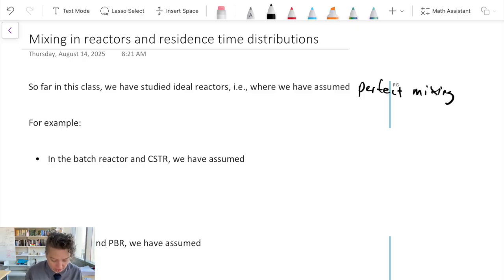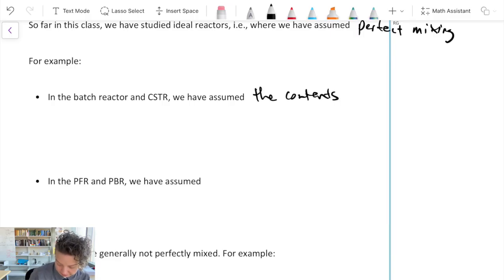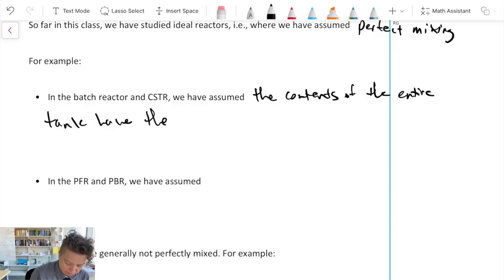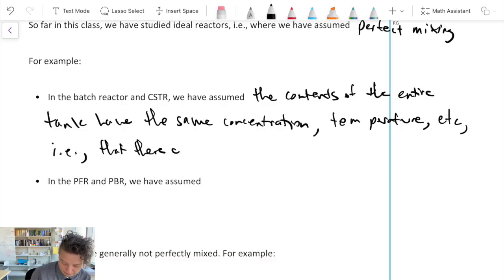For example, in the batch reactor and the CSTR, so in our tank reactors, we have assumed that the contents of the entire tank have the same concentration, the same temperature, the same amount of catalyst, etc., so the same properties. In other words, there are no gradients over the entire volume.